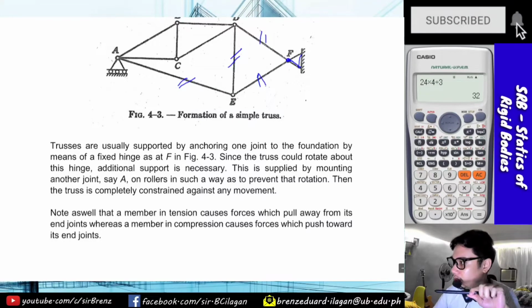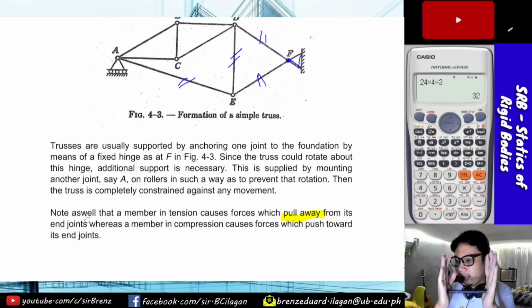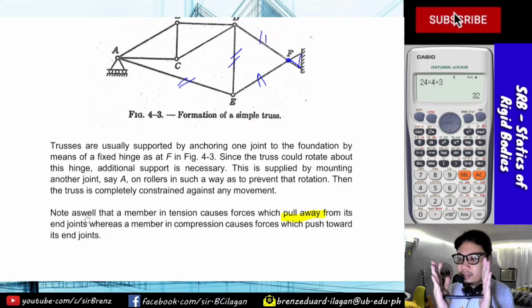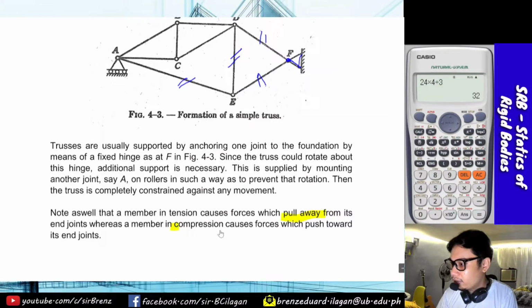Sabi nga, it tends to pull away from its end joint. Ito yung end joint, yung dulo. And then kapag compression, push towards its end joint. So, kinocompress mo siya. Okay?